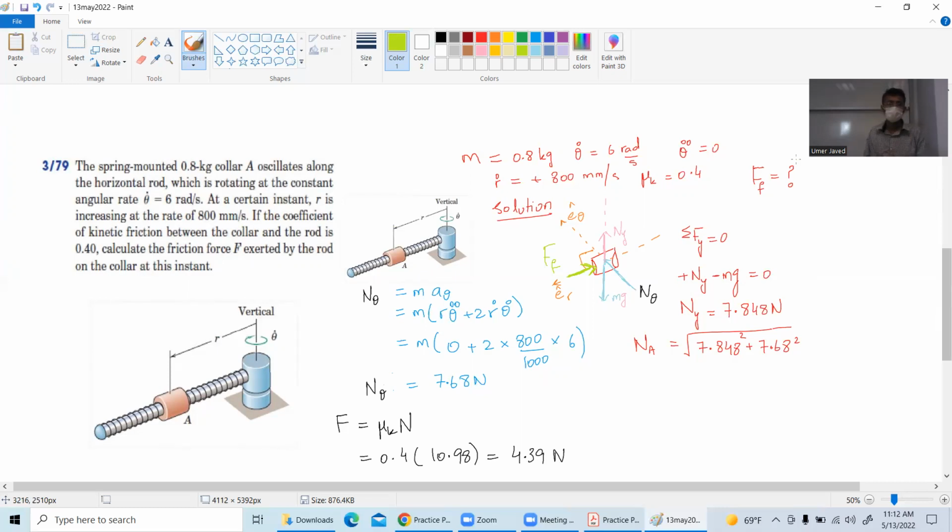So in our calculations, we said that theta dot equals 6 radian per second. So I think it must equal minus 6 radian per second because it's in the negative direction. Is that because we decide e theta towards left?